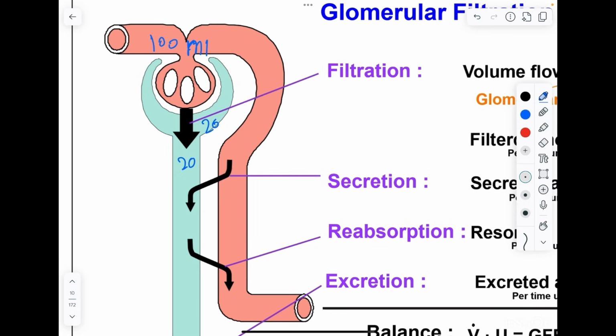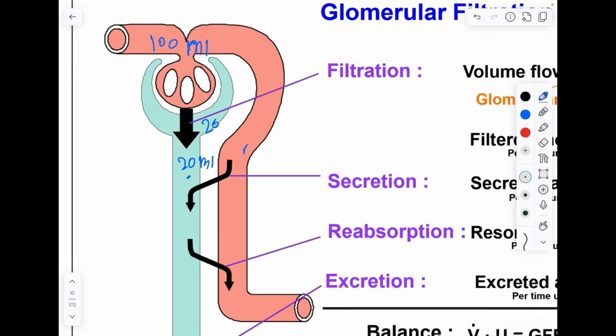20. Then in the peritubular capillary, one of two things can happen: reabsorption and secretion. What do we mean by that? So let's say 20 milliliters of a certain substance is here in the tubular fluid right now, having been filtered. The peritubular capillary can secrete this substance.